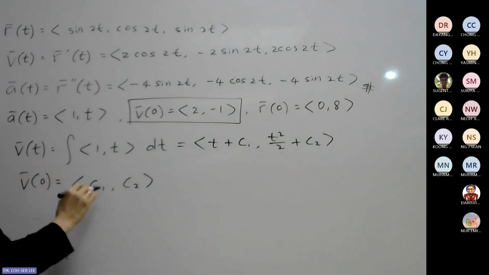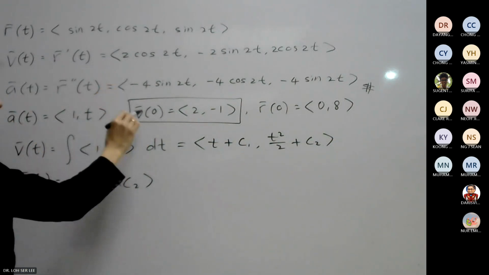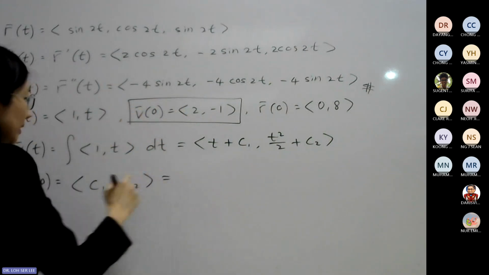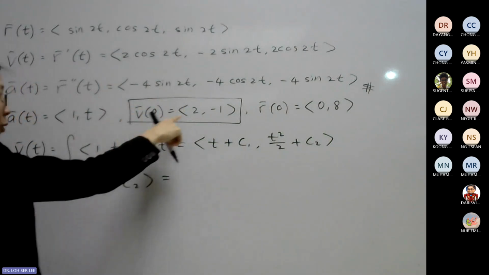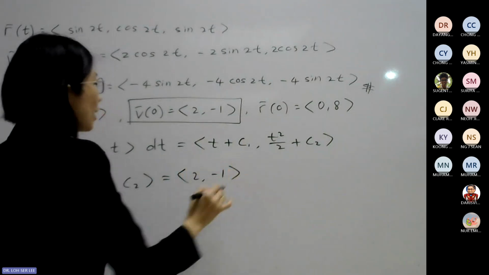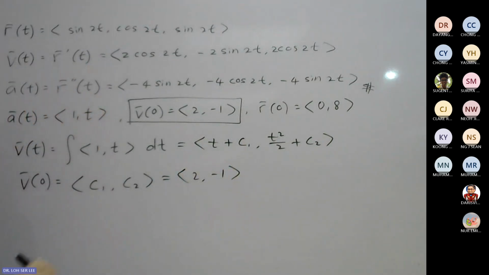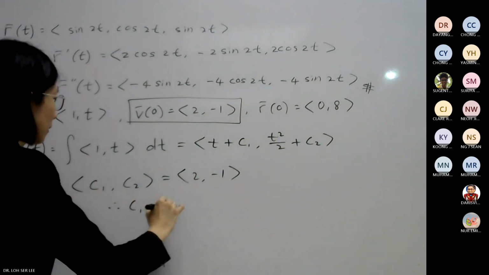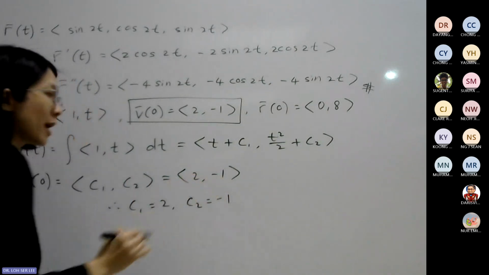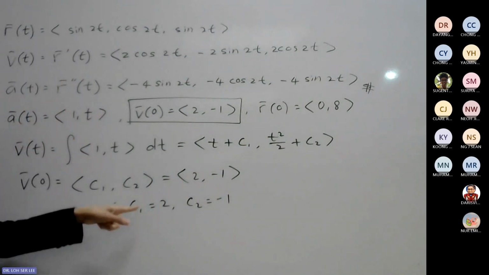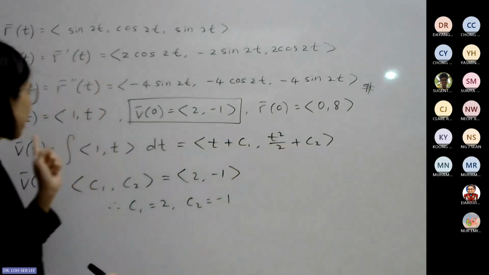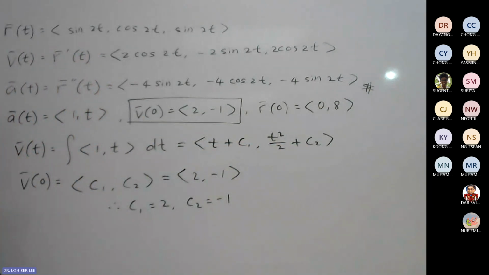So your v0 is (c1, c2), and the given v0 is (2, -1), meaning this v0 equals the given (2, -1). That means c1 is 2, c2 is -1. Then you put this c1, c2 back into here to get your v(t).